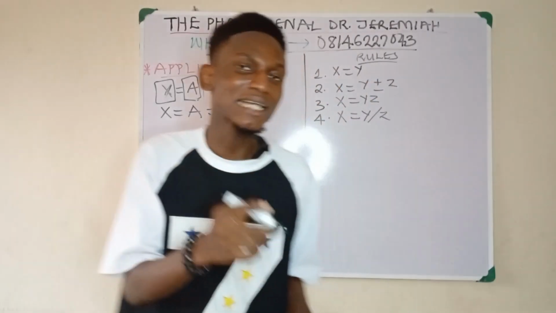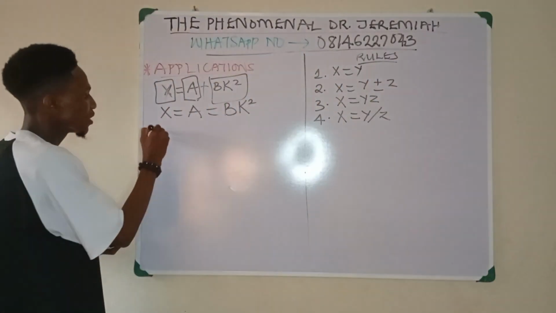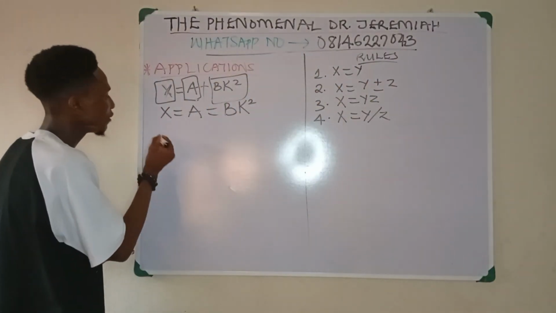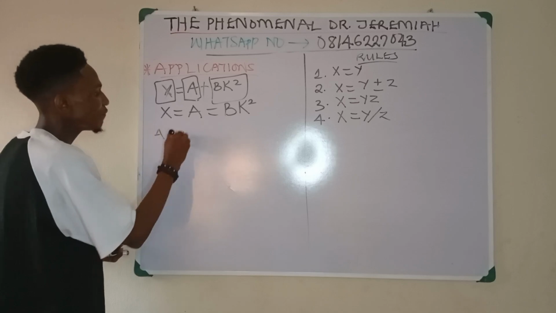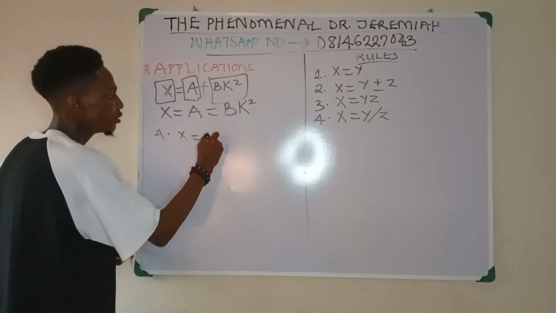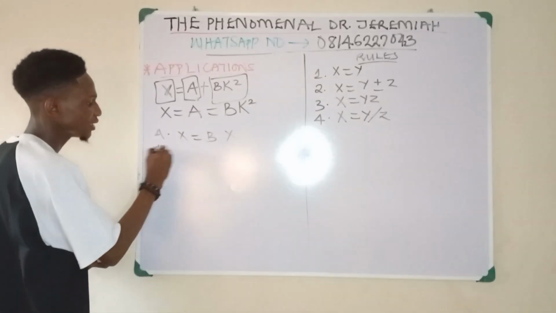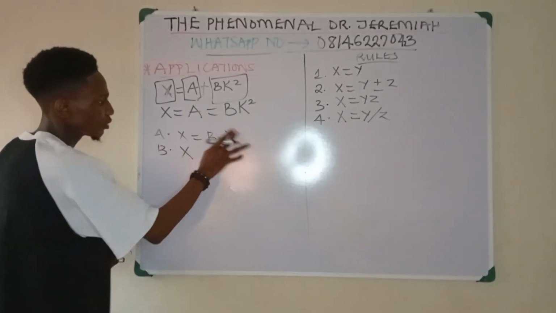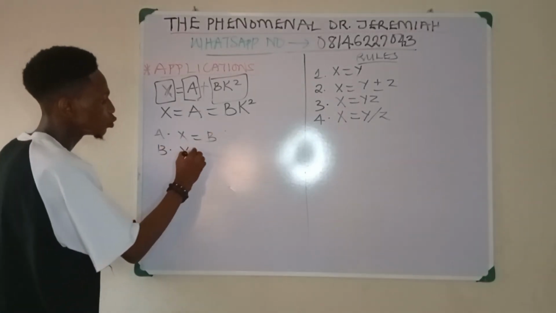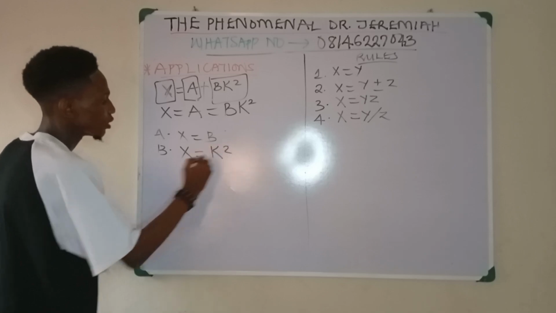This is where your examiners can be tricky. Your examiner can ask you, let's just quickly form, so we can have s equals b. So this one is going to be wrong. These are not the same. You can say s equals k squared is wrong.